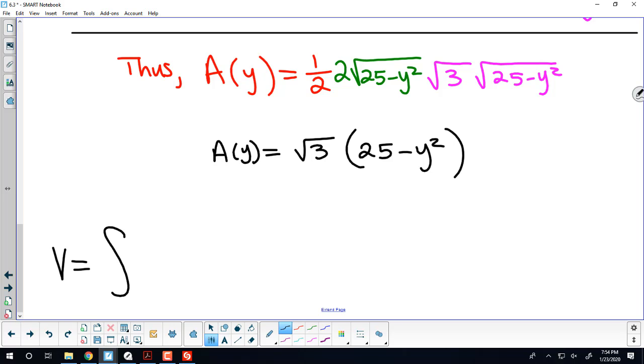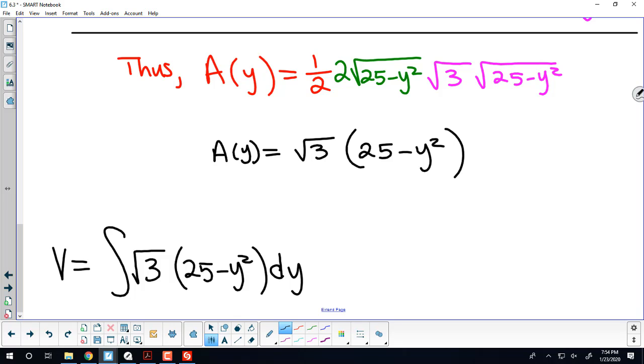Volume is the integral or the sum of the area times the thickness. Okay, does that make sense? Questions?